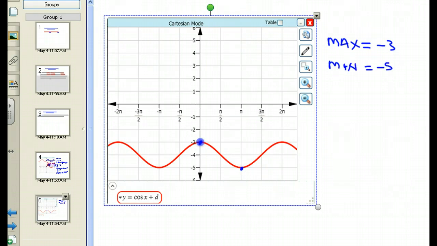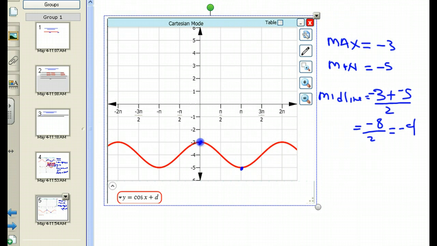To find the midline, we simply find the average of -3 plus -5 over 2, which is -8 over 2, which is -4. And therefore, the equation of the midline is y equals -4. And that's our equation of the midline.